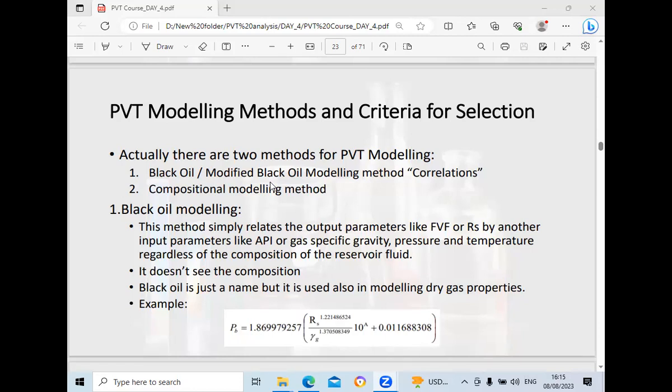Why do I have to choose black oil, or do I just get to any well and decide to choose black oil, or is there a particular criterion that you have to follow in order to choose? We also have what we call the modified black oil, or the compositional model. But generally, we'll just merge it into two: black oil and the compositional model. Why do we have to choose any of them? This is what we want to discuss.